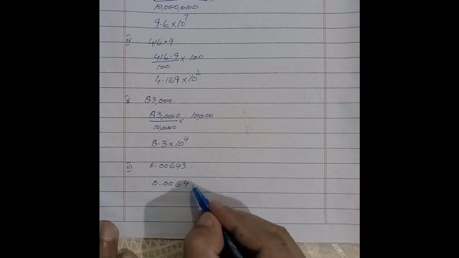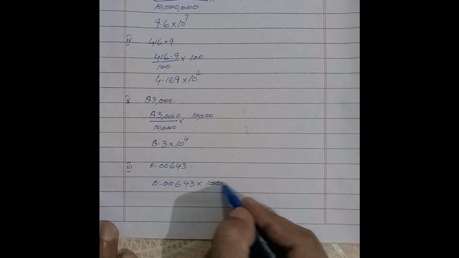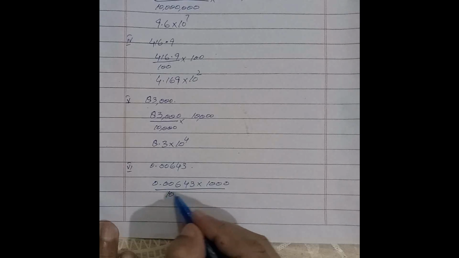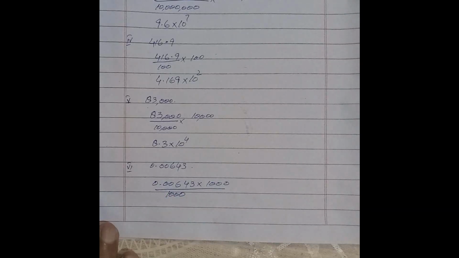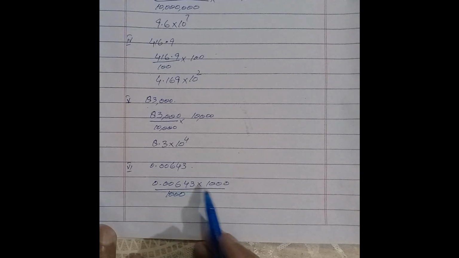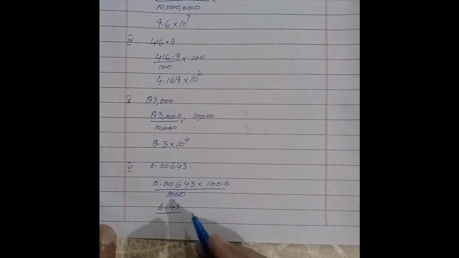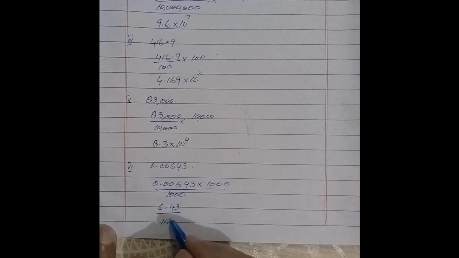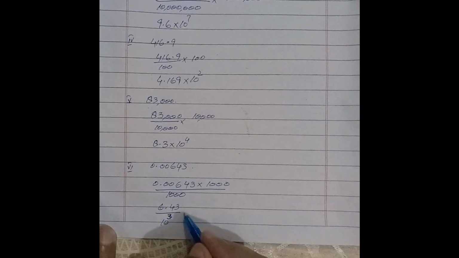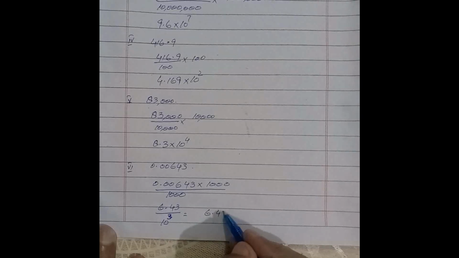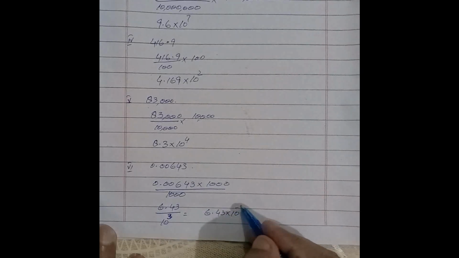After 3 means multiply by 1000 and divide by 1000. This part, the value is 0.00643 multiplied by 1000, because we shift the decimal to the right side, we get 6.43, and the 1000 in the denominator place is shifted to 10's power, which is 10's power 3, and the answer is 6.43 multiplied by 10's power minus 3.